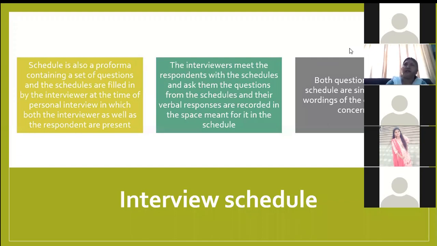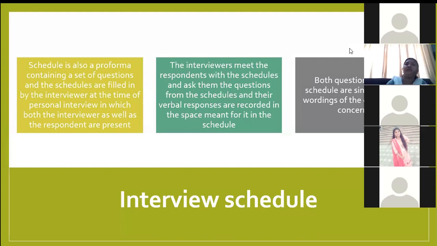We can understand his feelings, his attitude, etc., from a direct personal interview. So there is no structural difference between an interview schedule and a questionnaire. The only difference is that in the case of a questionnaire, the respondent himself answers. We may be mailing that questionnaire, and sometimes there may not be any direct interaction between the interviewer and the respondent.